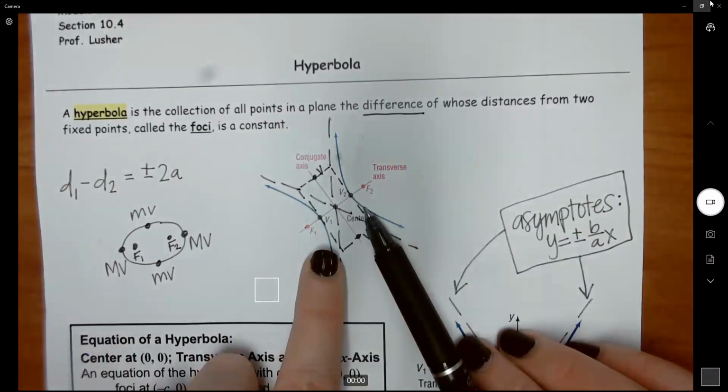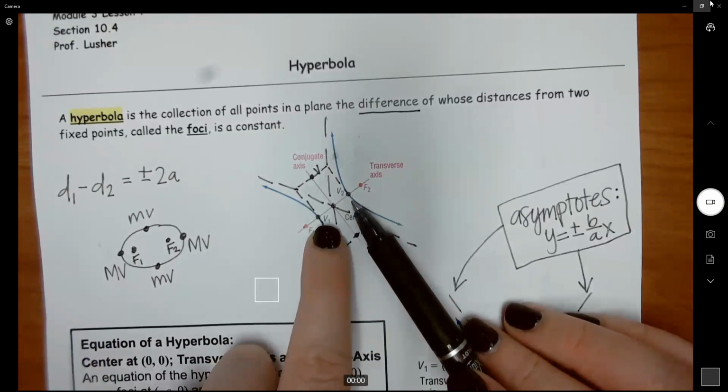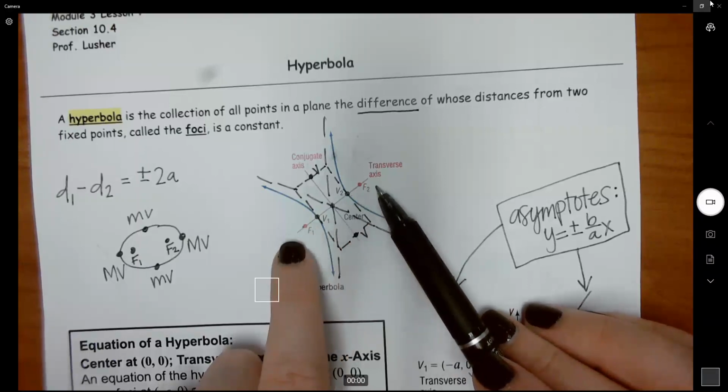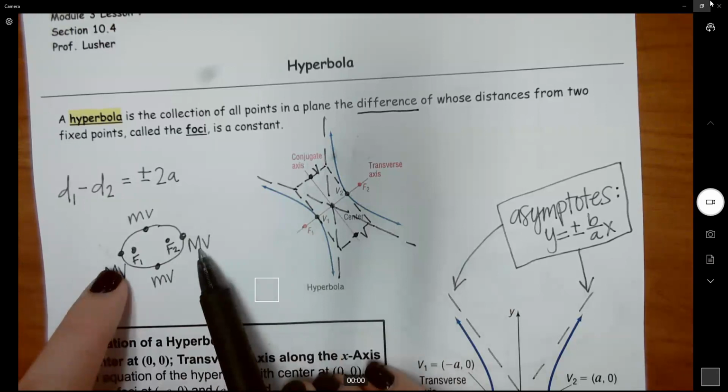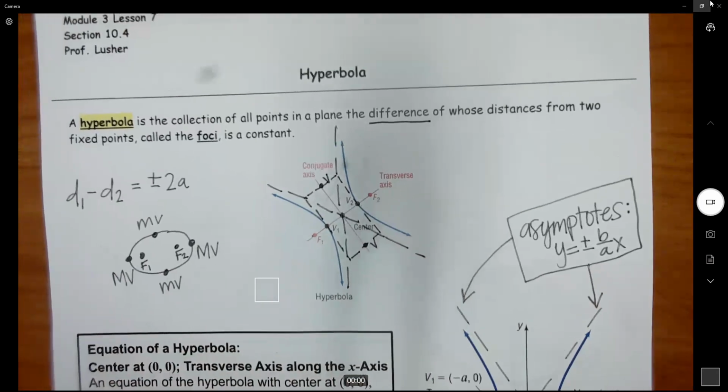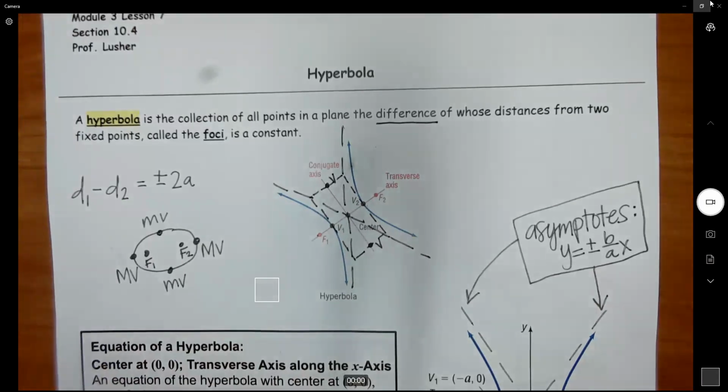When you look at your hyperbola, your vertices are inside your foci. Now your foci are outside of your vertices. So that's something that's changing places. Here the vertices were on the outside; here now my foci are on the outside. Okay, so that's your introduction to hyperbolas.